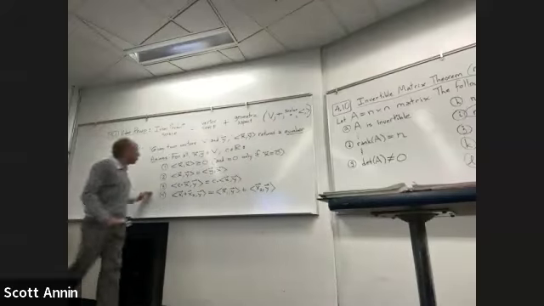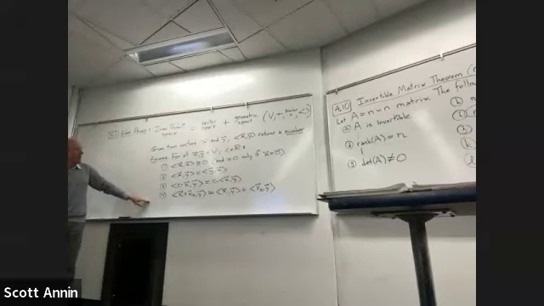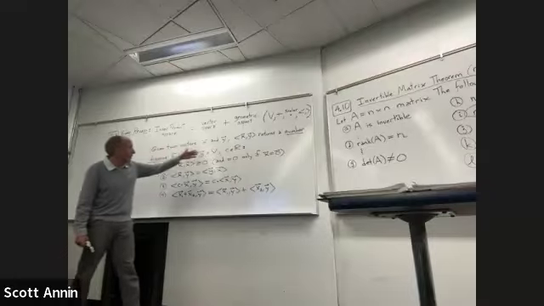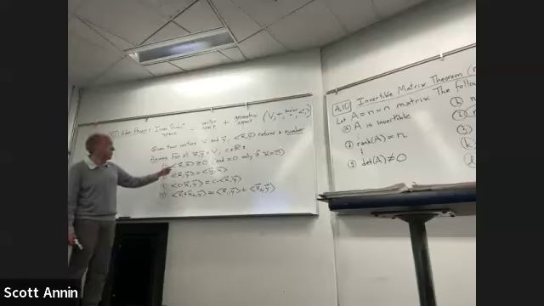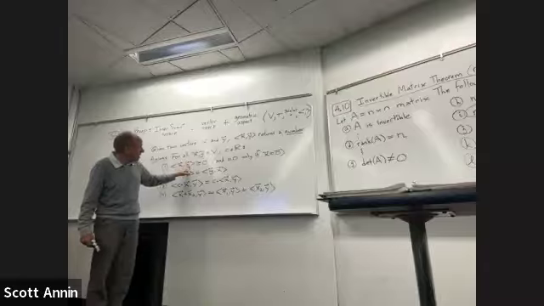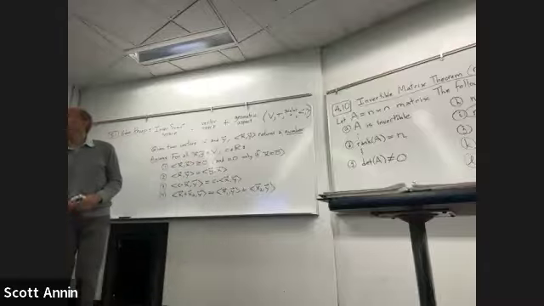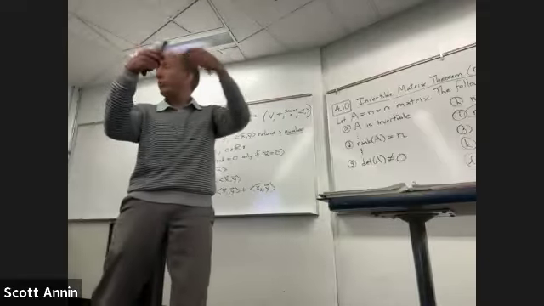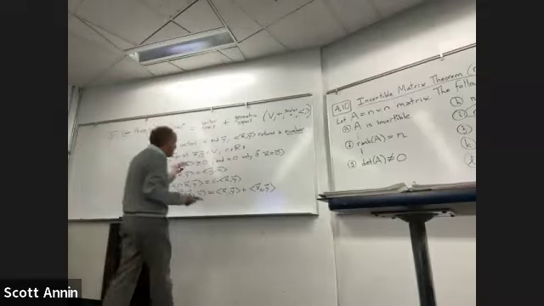4 axioms to an inner product space here. If I take 2 vectors and a scalar, all of these would have to be true. So for example, the inner product of a vector with itself needs to be at least 0. Now, if you take the inner product of 2 different vectors, you can get negative numbers.